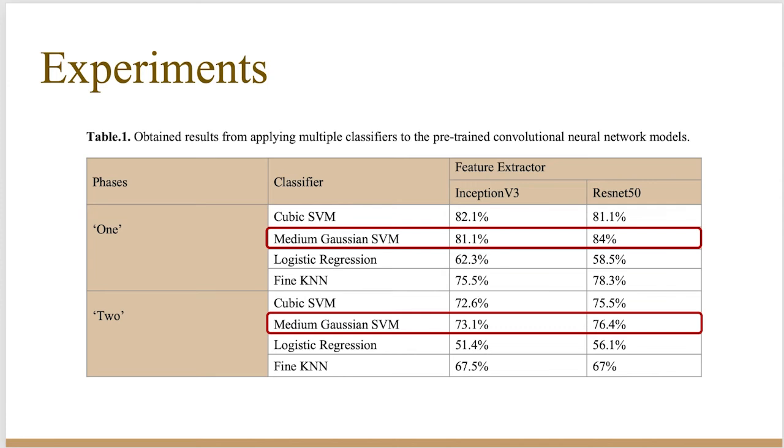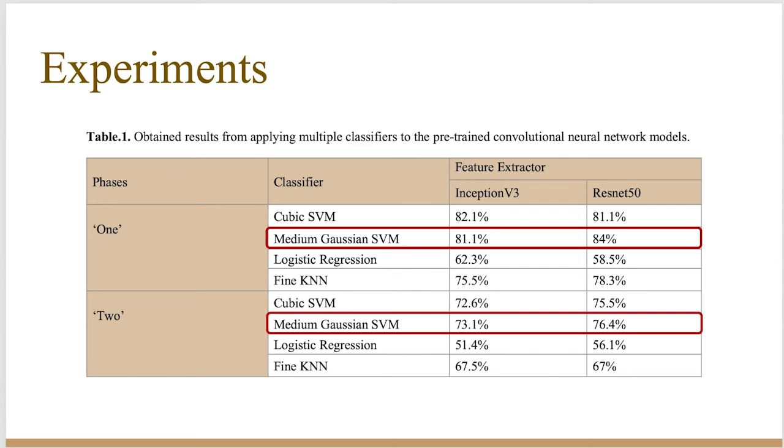We started with 106 images, equally divided into stone and non-stone radiographs as our dataset in phase 1. As a result, the ResNet 50 model reached an accuracy of 84% with the medium SVM classifier, while the Inception v3 reached an accuracy of 81.1% with the same classifier.